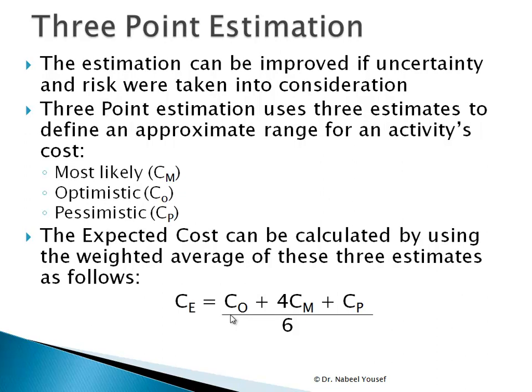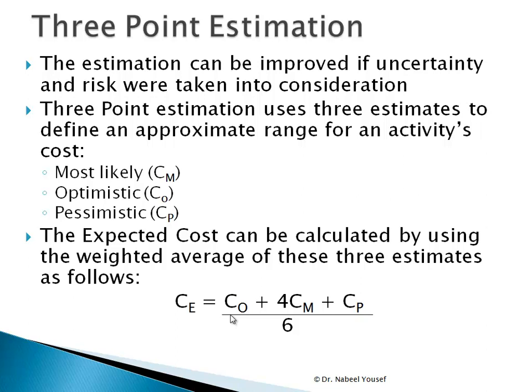For the 3-point estimation, the estimation can be improved if uncertainty and risk are taken into consideration. In the 3-point estimation, we use 3 estimates to define an approximation range for an activity's cost. And we did that also with time, where we had the most likely time duration.